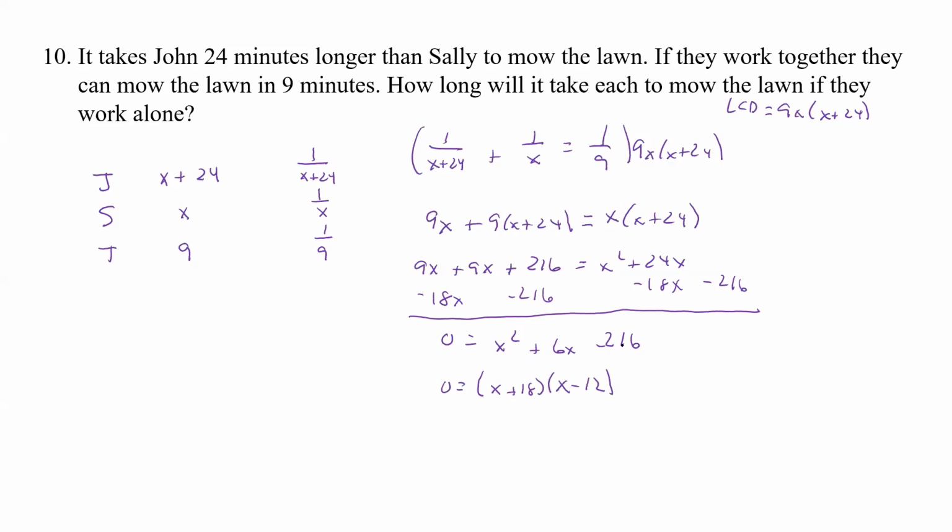Basically what I did is I kept dividing by 2, and after a while, I saw that there was also 3 in there, so I divided by 3 as well, and then that one ended up being the one that worked. So I set each of those factors equal to 0. So x equals 12, and x equals minus 18.